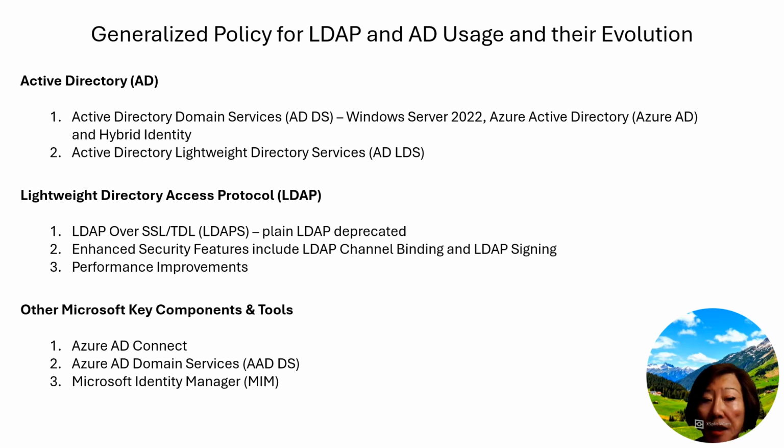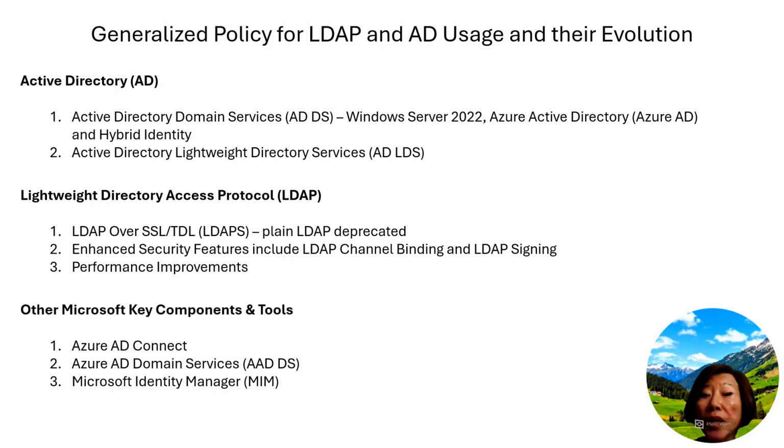The second one is Azure AD Domain Services. Now you can see that their acronyms and names are quite similar, and sometimes it's a bit confusing. You don't know what each one does. That's why I listed them here, so that you at least have a bullet item list to refer to.